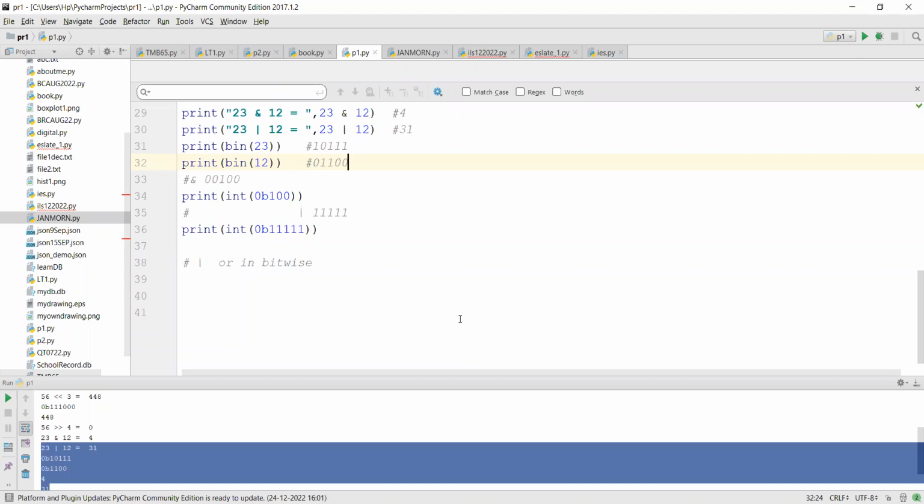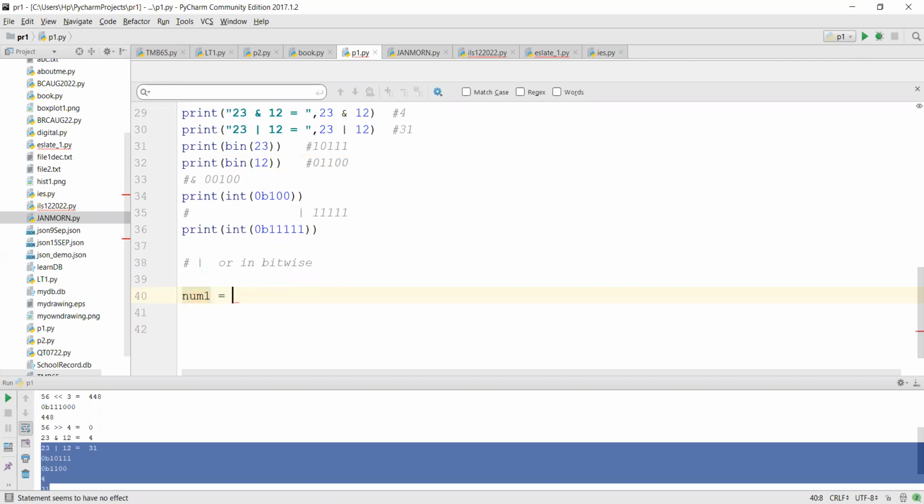Okay. Now, what is a condition here? Let's say I want to check, simple, you enter a number.